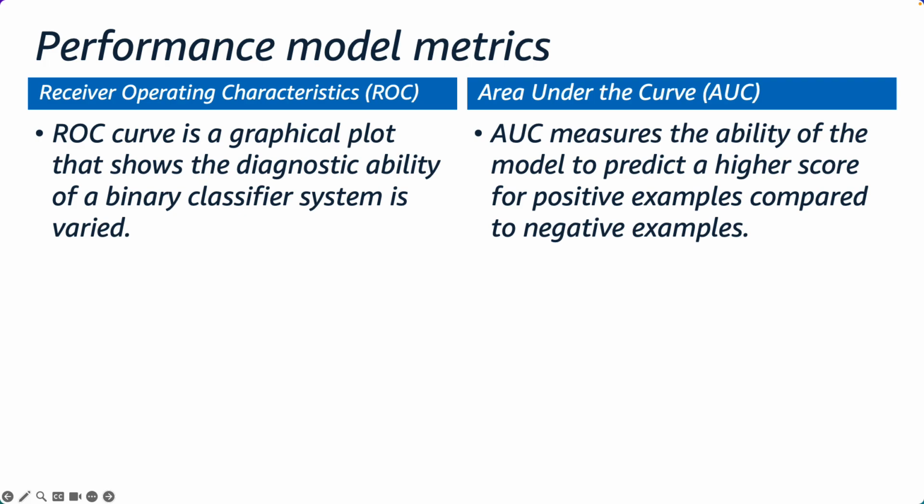One common approach is to calculate the area under the ROC curve, which is AUC. AUC measures the ability of the model to predict a higher score for positive examples as compared to the negative examples. Since AUC is independent of the selected threshold, you can get a sense of the prediction performance of your model from the AUC metric without picking a threshold.